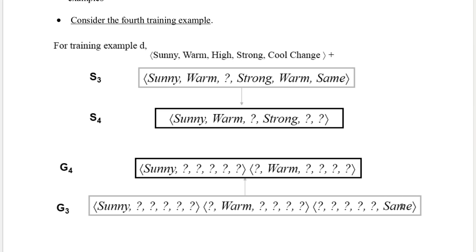So in refining the value of G3, we just eliminate the last hypothesis and we keep only the sunny and warm attributes in G4. So that is how we can refine the value of G3 to G4 when we encounter a positive training example. So that's how the candidate elimination algorithm works.